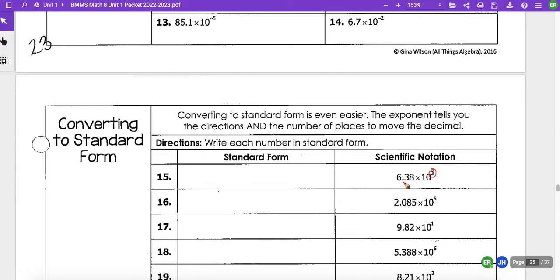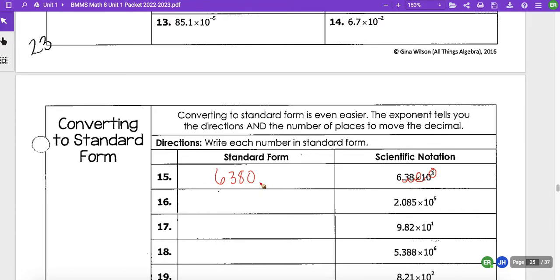So we're going to start here and go 1, 2, 3. And every time we move and there's nothing there, we are going to drop in a 0. So here I'm going to drop in 1 0. So I'm going to write 6380. Notice the decimal is no longer there because I moved it to the end.